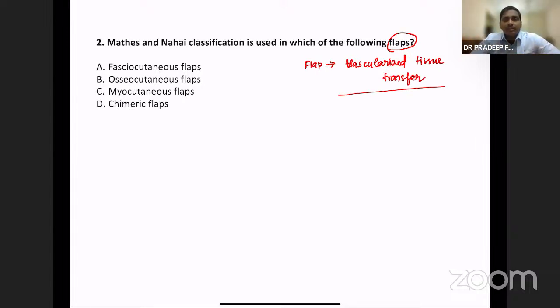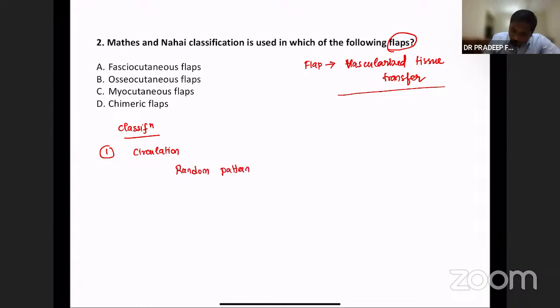There are several kinds of classification for flaps available. The common classification for flaps, number one, is based on the circulation. Based on the circulation, it can be a random pattern flap or an axial pattern flap.